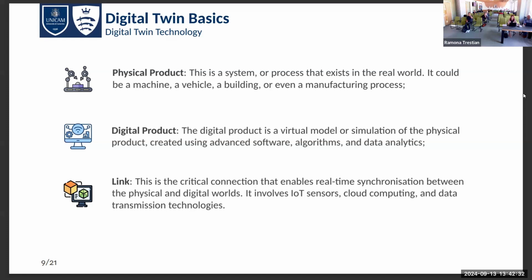We can think about this link like one direction, which is the majority of the applications that we have today, for which the physical object is able to send messages to the digital object, which can reflect the behavior of the physical one. But if we think about the opposite, for which the digital twin is able to change the behavior of the physical object, we cannot find a lot of works addressing such a feature.